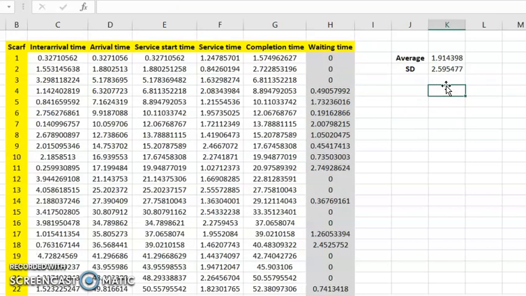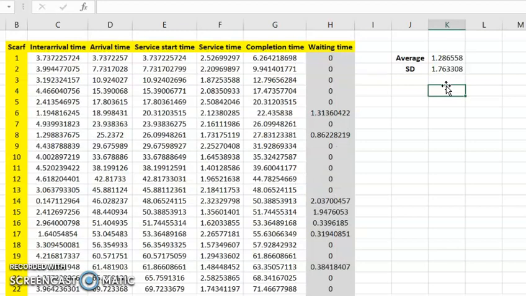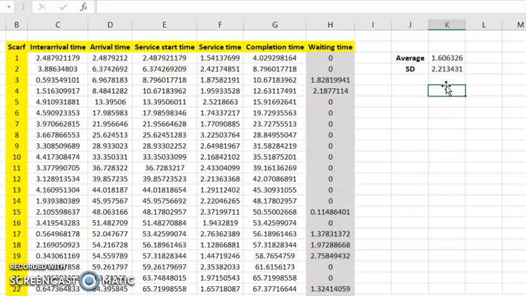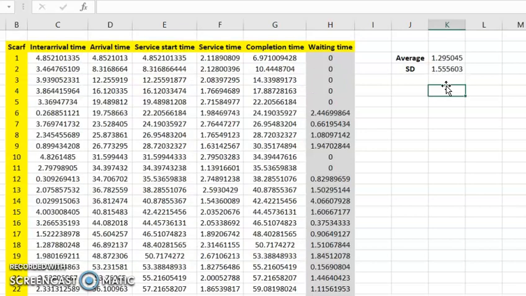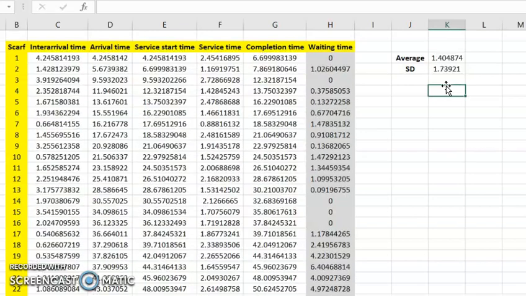F9. You see, for this one, we have the average of, now I'm refreshing the page, 1.9 and a standard deviation of 2.5. The standard deviation is very similar to the one that I showed you in the PowerPoint. The average is higher. Now this one is 1.2, 1.6. You see, all of them say that we need to add another inspector.